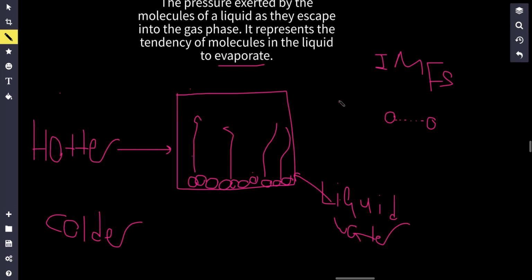And if things are hotter, water molecules move around quicker. If they move around quicker, they're more likely to escape this force of attraction. They're more likely to break this force of attraction, making them go into a gas phase.